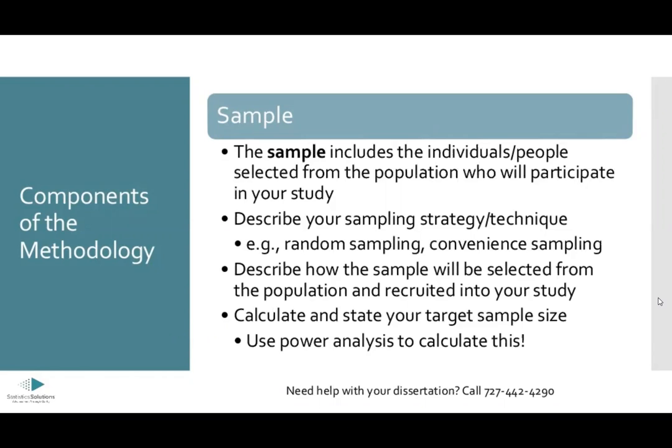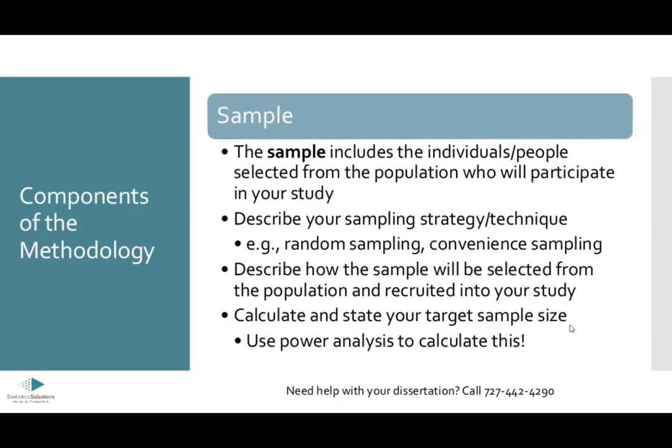Now, if you have not gone through the proposal phase yet, since your sample size is kind of theoretical, you're saying who you think you might recruit. You'll also want to provide a power analysis to show that you know how many people you need to recruit in order for your study to really show that it's generalizable and it's appropriate for what you're trying to do.